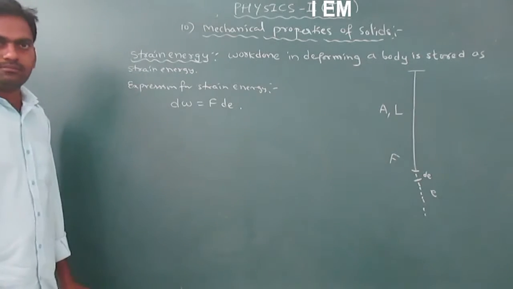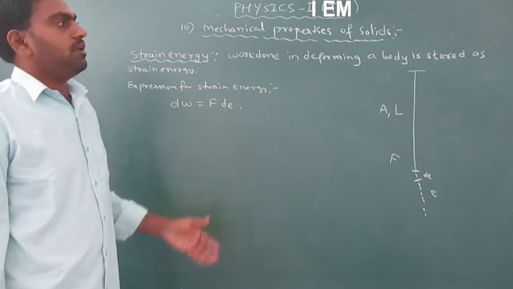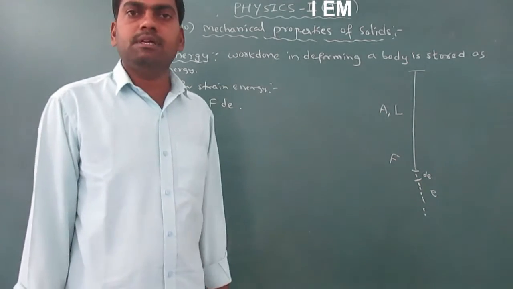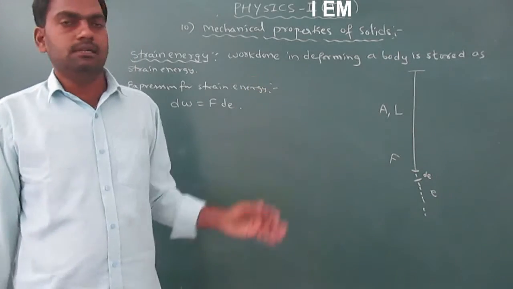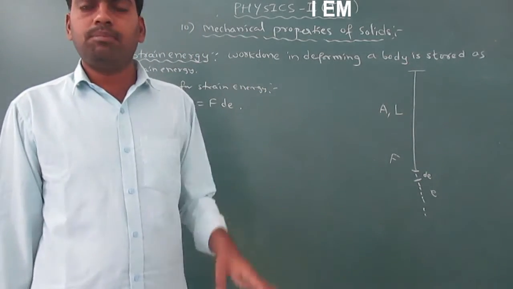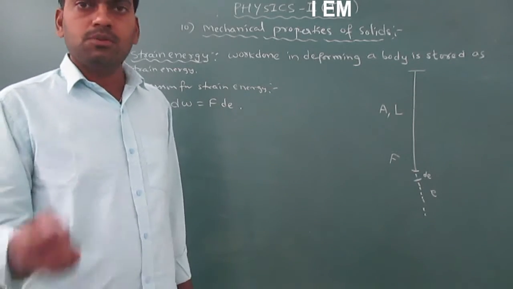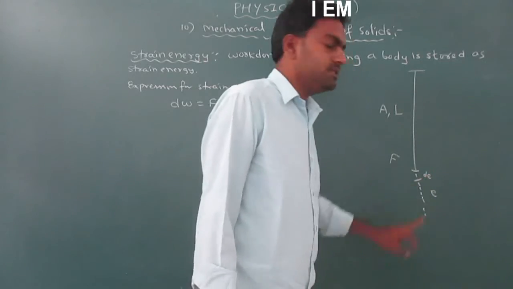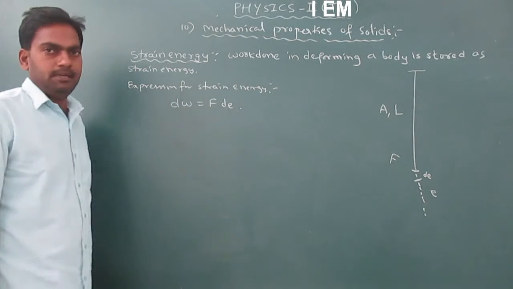Got it? Now here, consider a wire of length L and area of cross section A, with one end fixed to a rigid support and the other end free. An external force is applied on the free end, producing a small extension dE, so the small work done dW is equal to F dE.